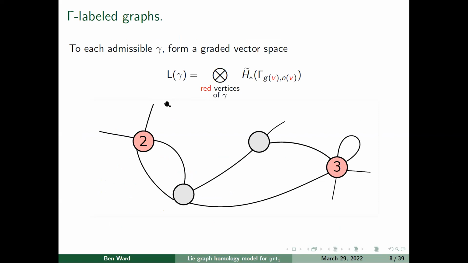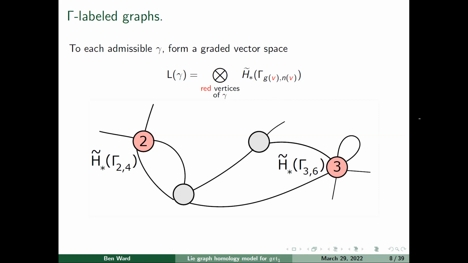And what I do is I look at just the red vertices, and I'll label that with the appropriate graded vector space of the reduced homology, where g is the label of the red vertex and n is the number of adjacent half edges, so edges and legs. So in this example, I just take this, H of gamma_{2,4} and gamma_{3,6}, and I would tensor those two graded vector spaces together.